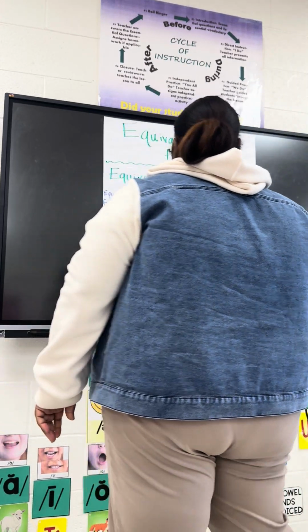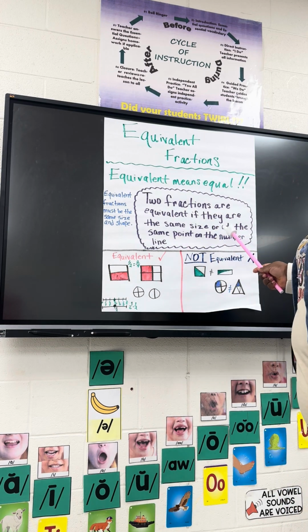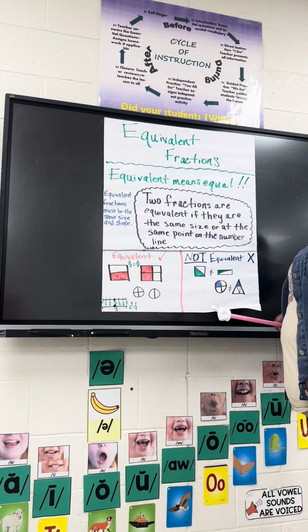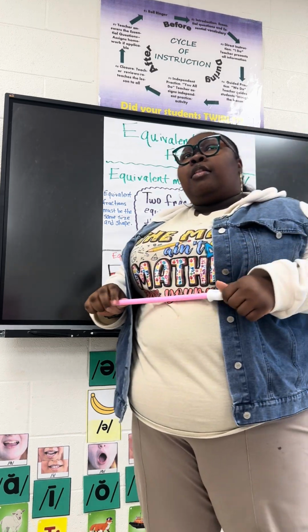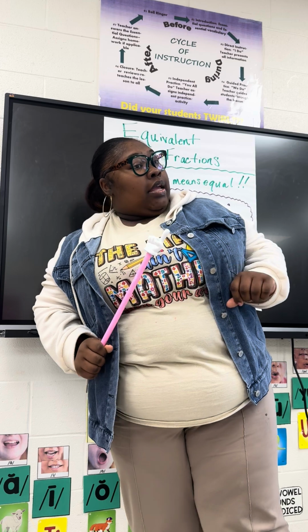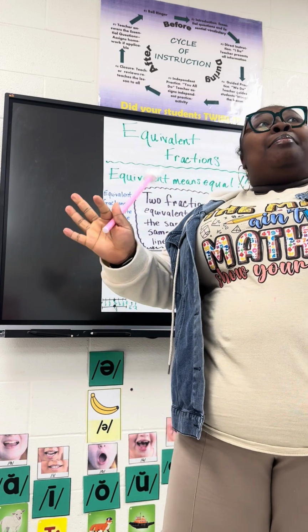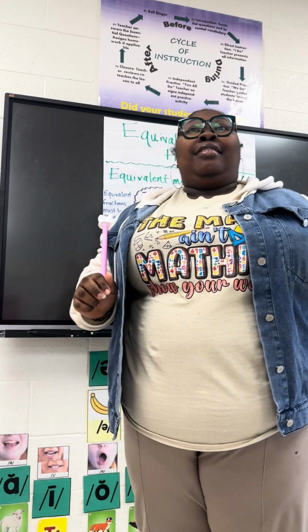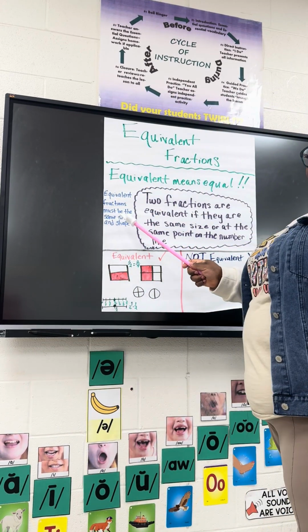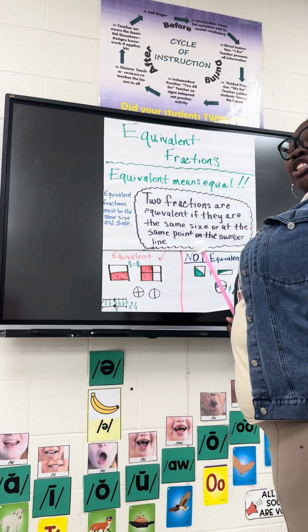Two fractions are equivalent if they are the same size or at the same point on the number line. Tell me one thing that we talked about yesterday. We said that equivalent fractions must be two things. Very good. They must be the same size and shape.